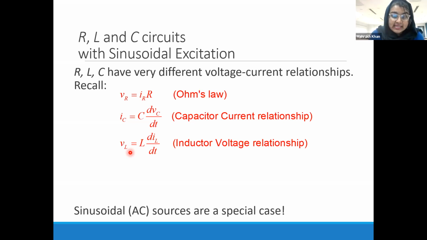It's actually C times the derivative of your voltage across capacitor. Similarly, your VL, the voltage across inductor, is L times the derivative of your current through inductor. So these are the relationships that we need to know for the capacitor, inductor, and the resistor.